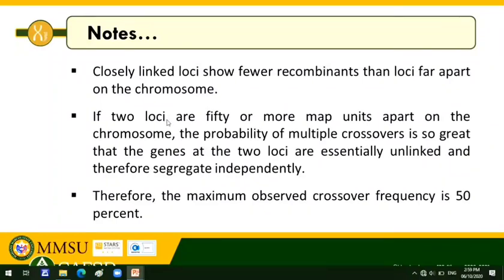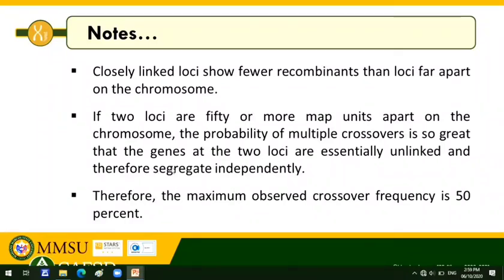So, if two loci are 50 or more map units or crossovers or Morgans apart on the chromosome, the probability of multiple crossovers is so great that the genes at the two loci are essentially unlinked and therefore segregate independently. So, yun din ang ibig sabihin. Okay?